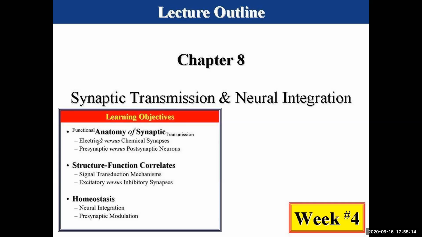So before the synapse is the presynaptic neuron. After the synapse is the postsynaptic neuron. So when we say synaptic transmission, we are talking about that. So synaptic transmission involves presynaptic and postsynaptic neuron, at least two neurons.